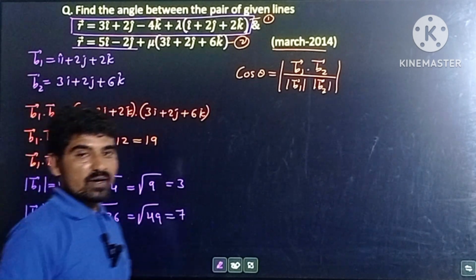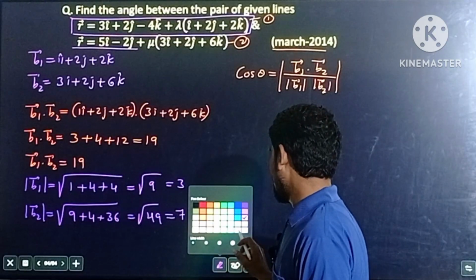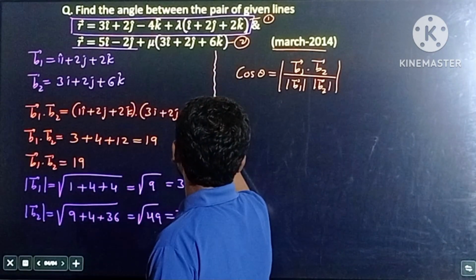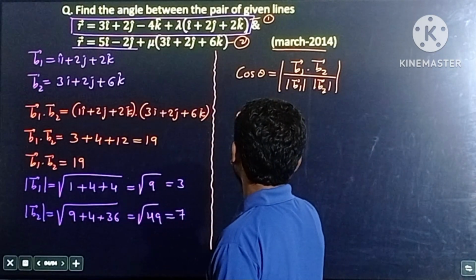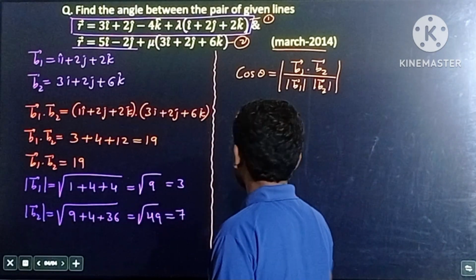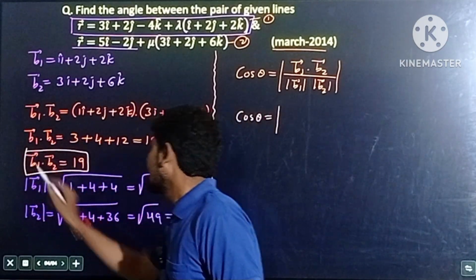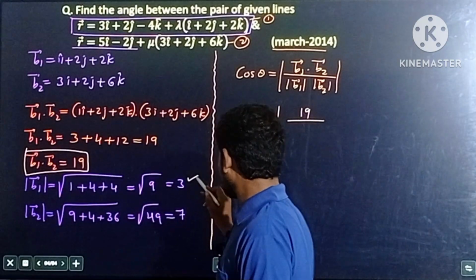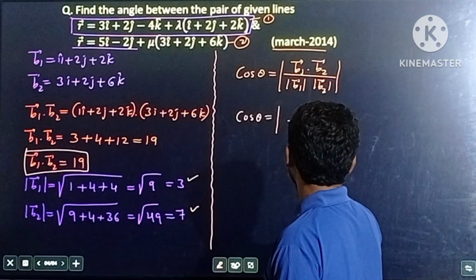So we have b1 vector dot b2 vector, magnitude of b1 vector and magnitude of b2 vector. Now use these three values in cos theta. Cos theta equals modulus of b1 vector dot b2 vector, which is 19, divided by magnitude of b1 vector, which is 3, into magnitude of b2 vector, which is 7.